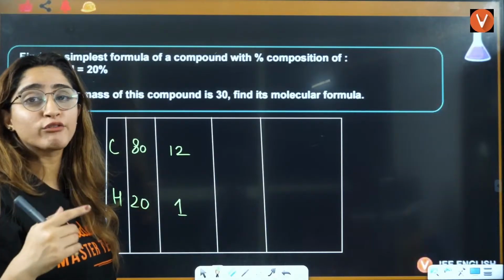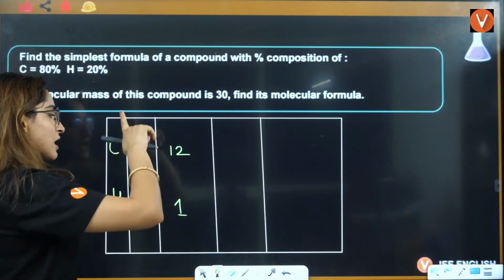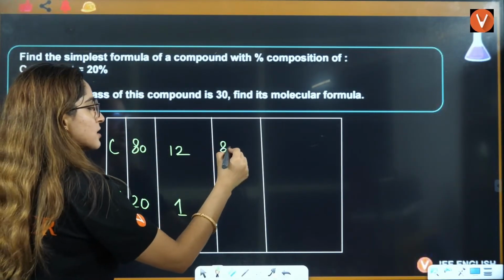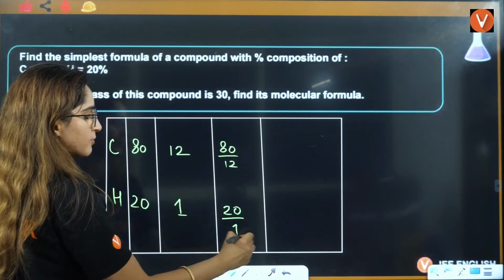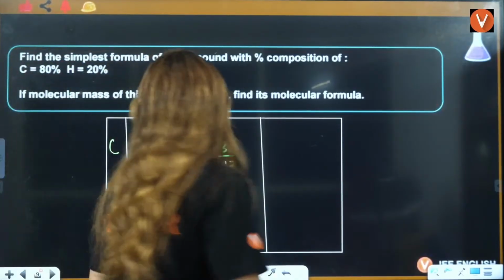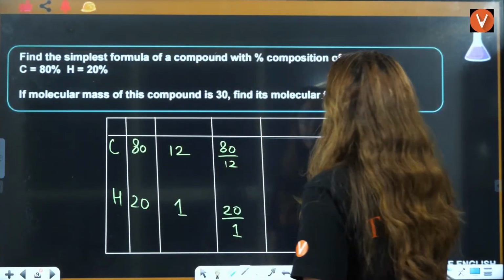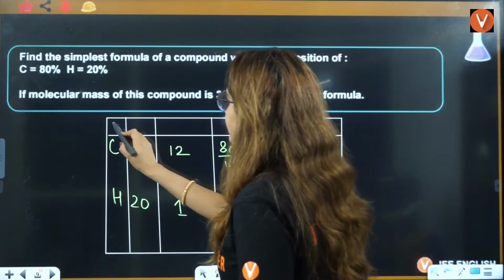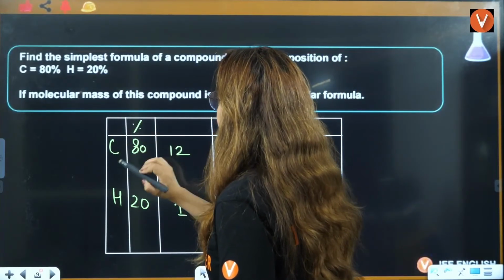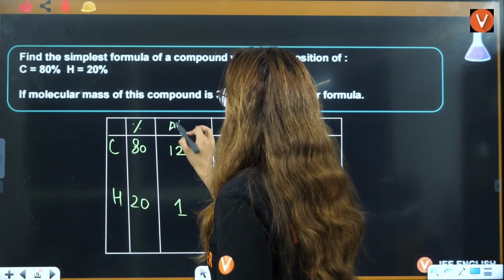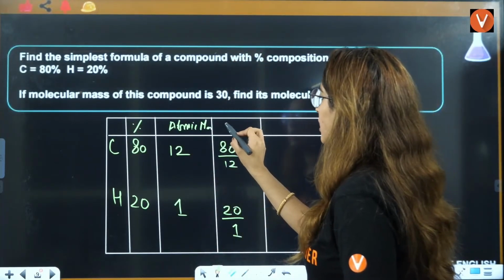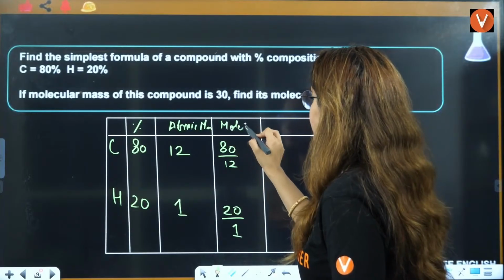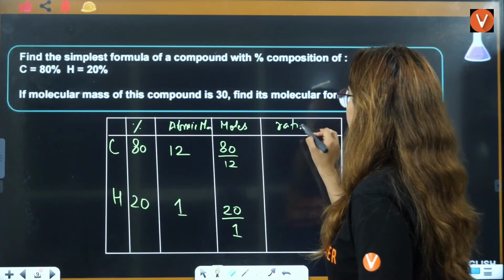Right, now the atomic mass will be 12 here, and here the atomic mass will be 1. Now you have to calculate the moles. That is this divided by this, that is percentage divided by atomic mass, 20 percentage divided by atomic mass. Okay, if you want me to write it again, I can write it again as well: this is the atom, this is percentage, this is atomic mass, this is moles, and this is ratio, right?